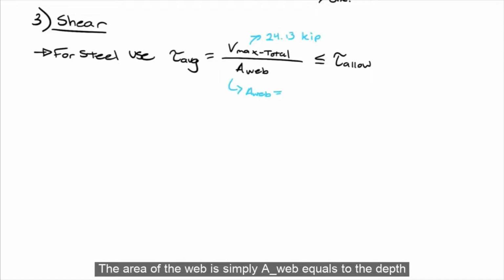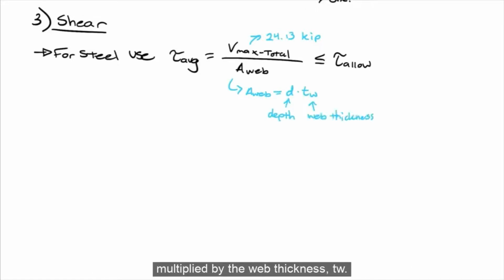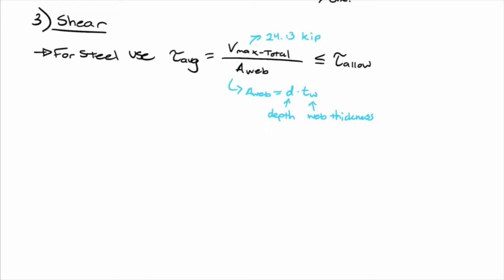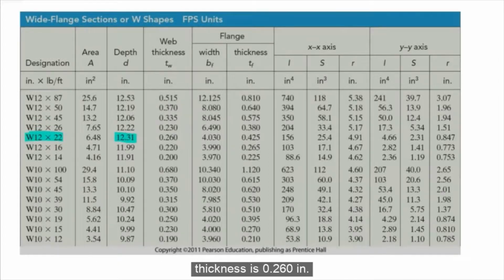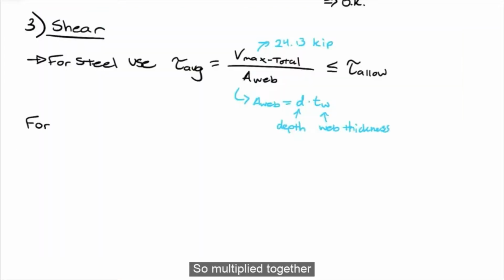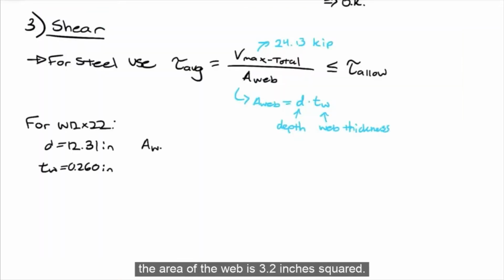The area of the web is simply A web equals the depth multiplied by the web thickness, tw. From Appendix C, the depth for a W12 by 22 beam is 12.31 inches, and the web thickness is 0.260 inches. So multiplied together, the area of the web is 3.2 inches squared.